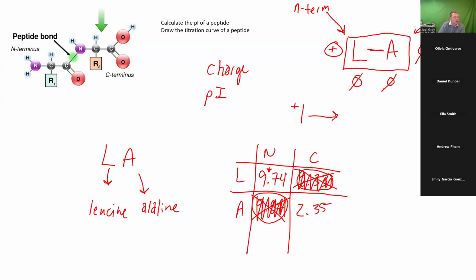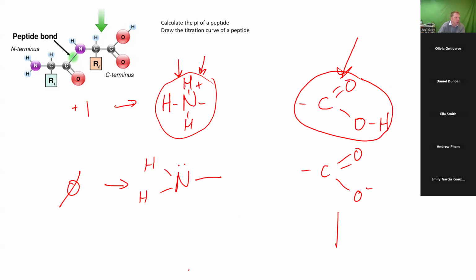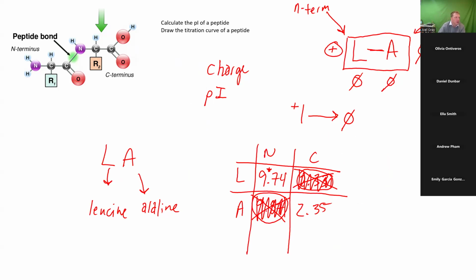Then I'm going to go to 0, because when one of these groups gets deprotonated, which is going to be the C termini as I'm adjusting my pH upward, this will take on a negative charge and look like this right here. Now all of a sudden I have a -1 charge on my C termini.